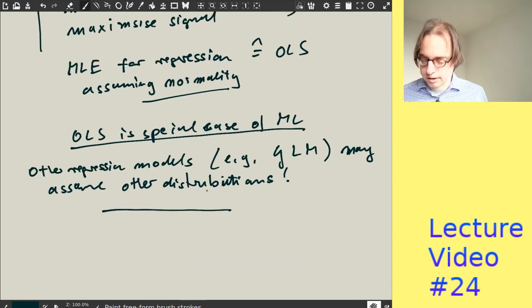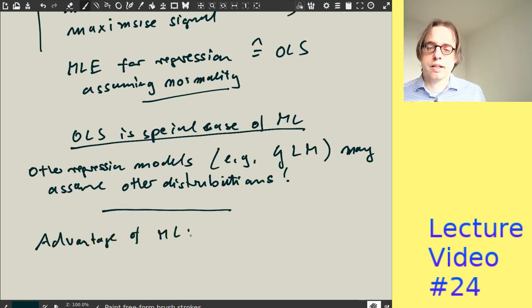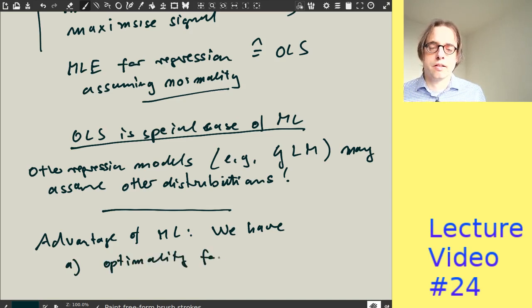So the advantage of maximum likelihood is, of course, that we have optimality for a large n.